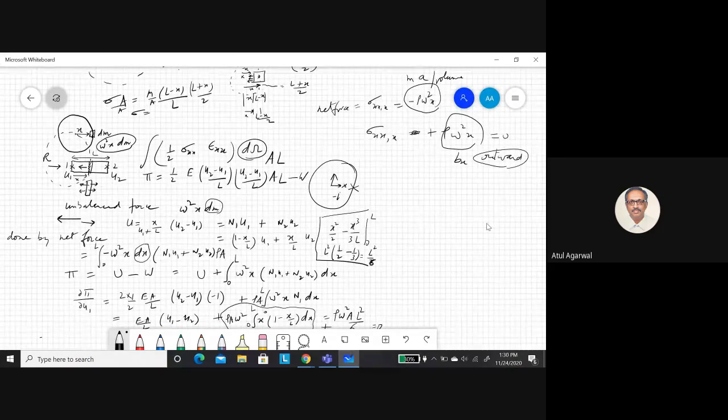While what I did here, this mass into acceleration, I directly took here as the unbalanced force, as a body force. Basically, this force, when it goes to the left hand side, becomes like an equilibrated body system. So we have imposed equilibrium. This is kind of a dynamic equilibrium.